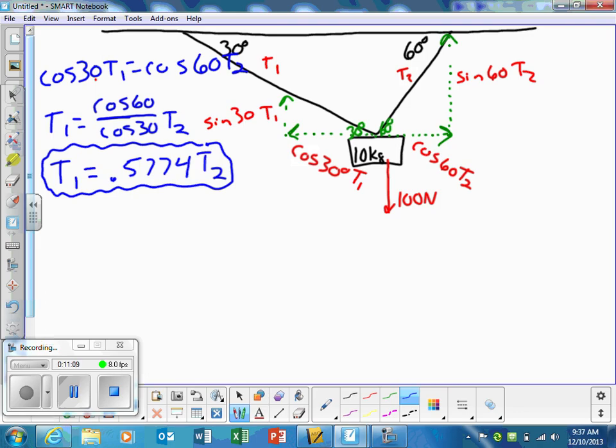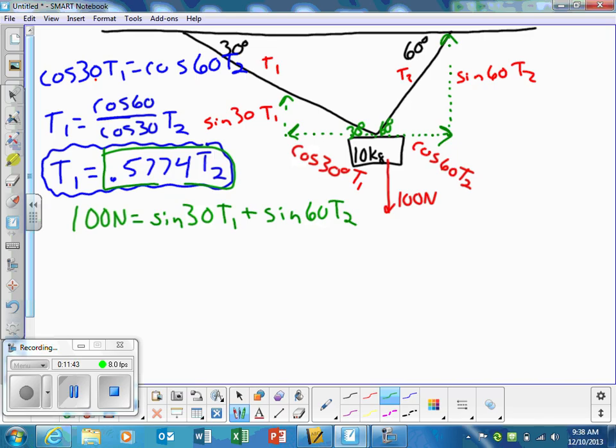So now we can write up an equation for the sine, or the vertical stuff. 100 newtons, then, is equal to sine 30 T1 plus sine 60 T2. Okay, so now all you do is take this stuff here and plug it in instead of T1.